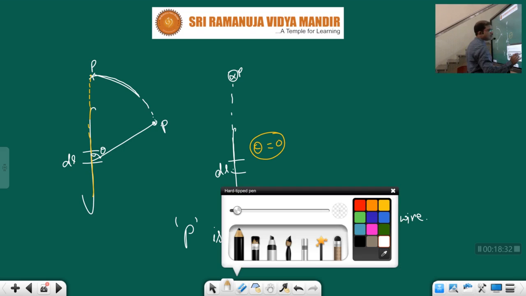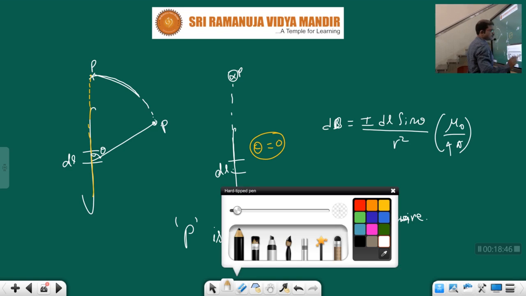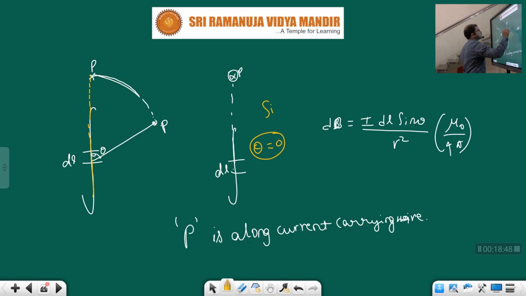If theta is 0, once see the formula. dB equal to I dl sine theta by r square into mu naught by 4 pi. Children, once see here, theta is 0. If theta is 0, sine theta also 0 only. Sine 0 is 0. If sine theta is 0, then what about dB? dB also 0, right? Clear?